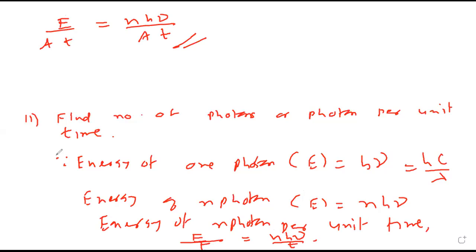So based on what is given, you have to start the formula. One photon h nu. Find the number of photons n h nu. Photons per unit time, then energy will be in watts. Intensity will be in watt. And as per that, you have to proceed. Please do it. Usually one numerical comes of this type.